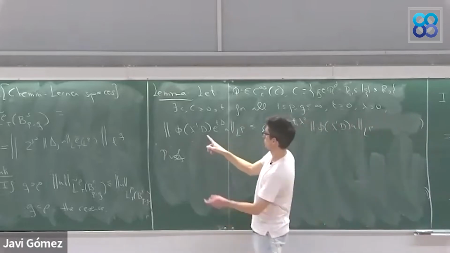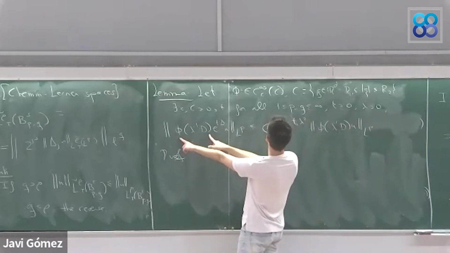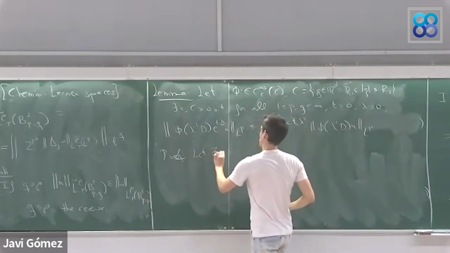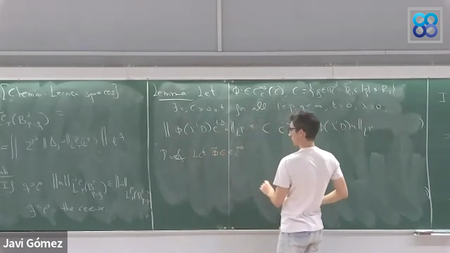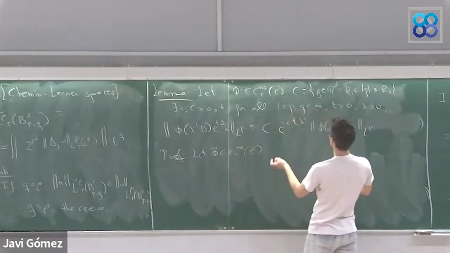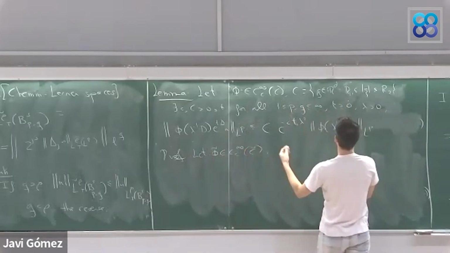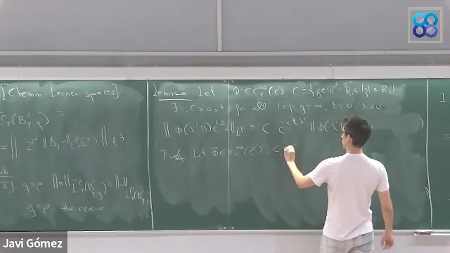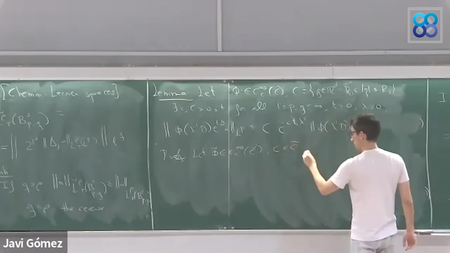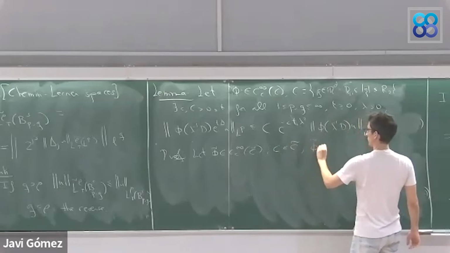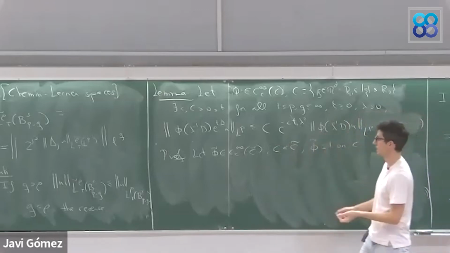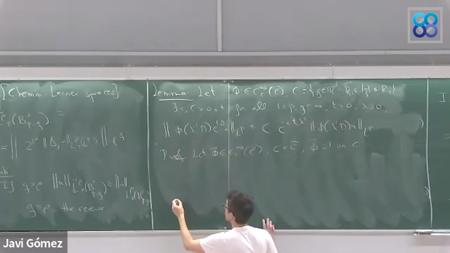So because we have this supported in an annulus, then we can consider another compactly supported function in an annulus bigger than this one. So let me just write C containing C, so that C is 1 on it. And then we can write all this.